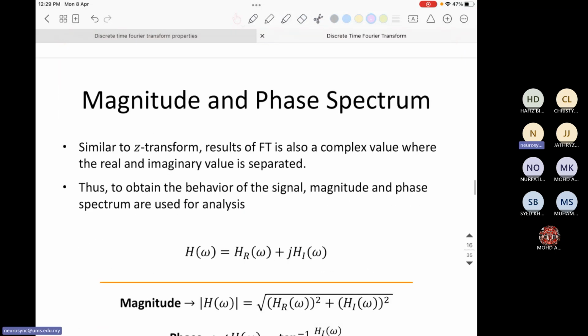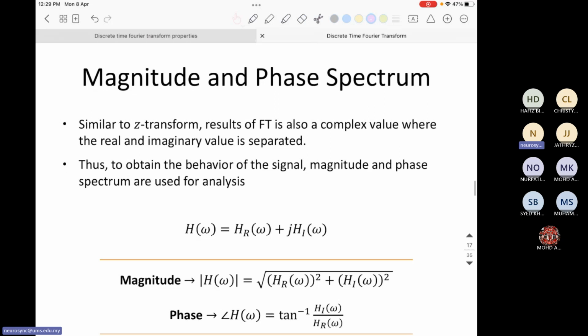Now, magnitude and phase spectrum. You have already learned this term in the Z transform also, and this is similar to the Z transform, because the Fourier transform is also a complex value, which has an imaginary part as well as a real part separated.